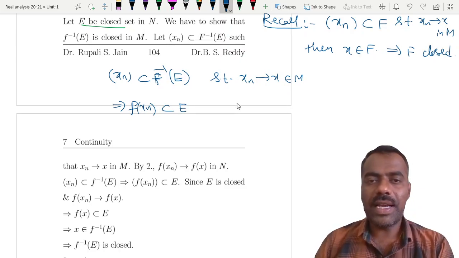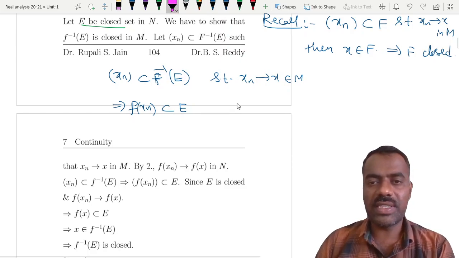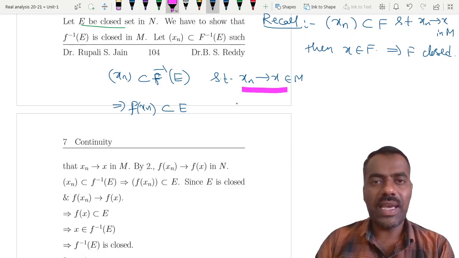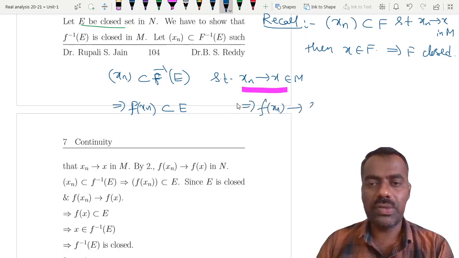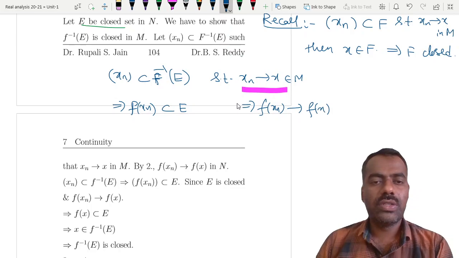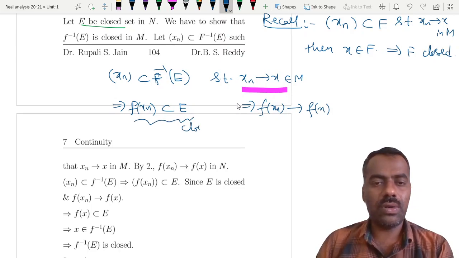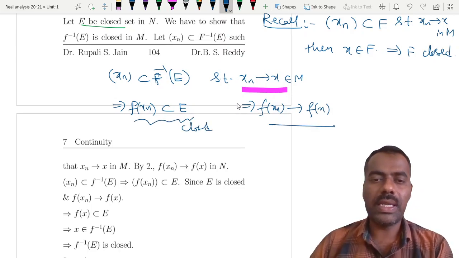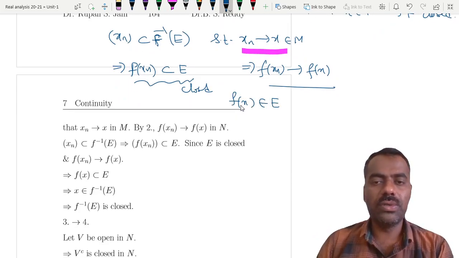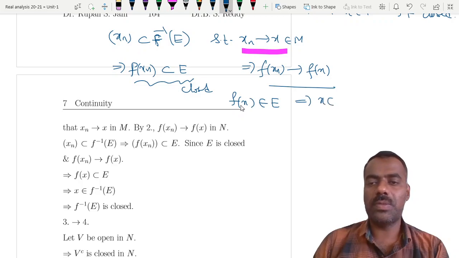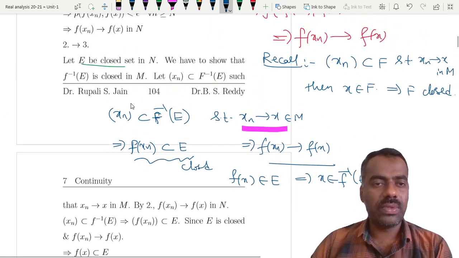And because there is a sequence xn converging to x, by the assumption of 2, we get that f of xn converges to f of x. So you have a sequence in a closed set converging to some point, which means f of x actually belongs to E. That shows that x belongs to f inverse of E, and that is what we were supposed to prove.